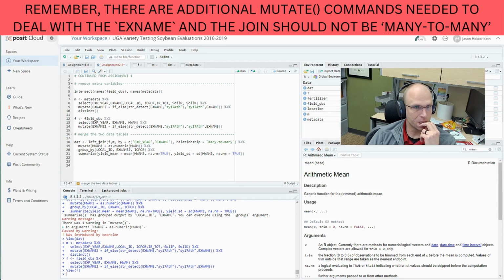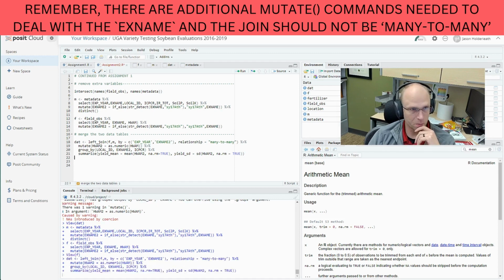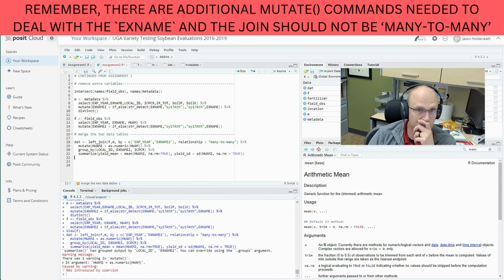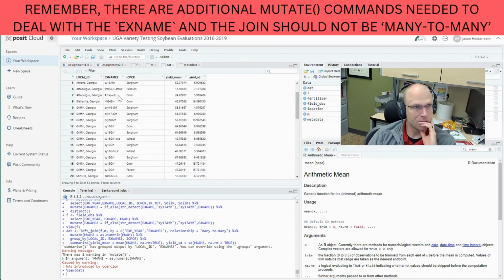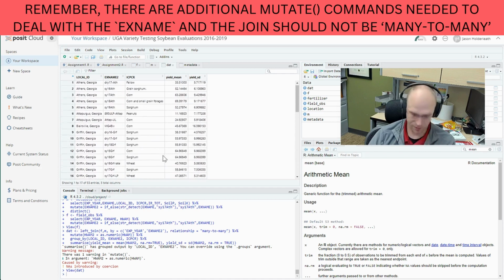And I want to, okay, I made the EX name 2. We need to do our left join by that as well. And there we are. We don't have the weird thing that we had there.